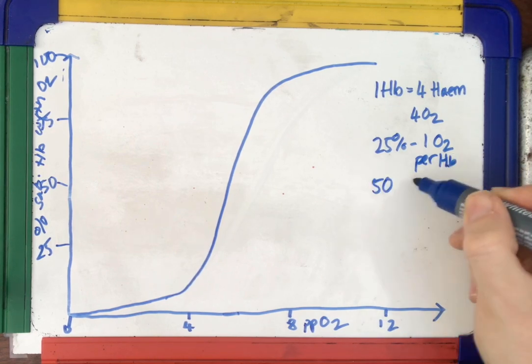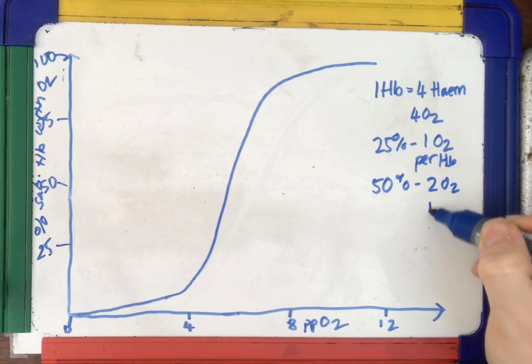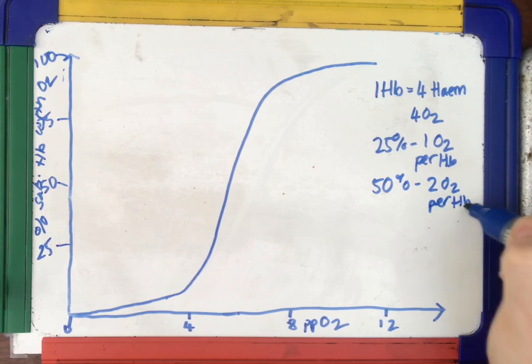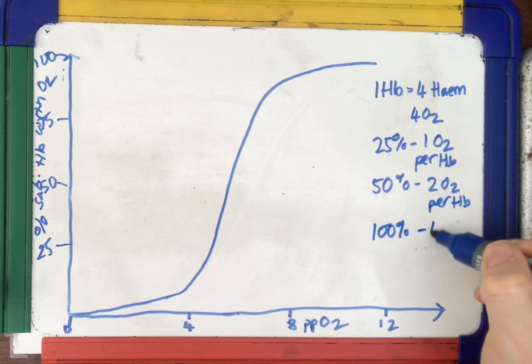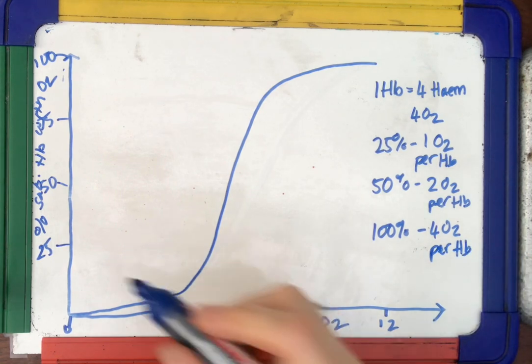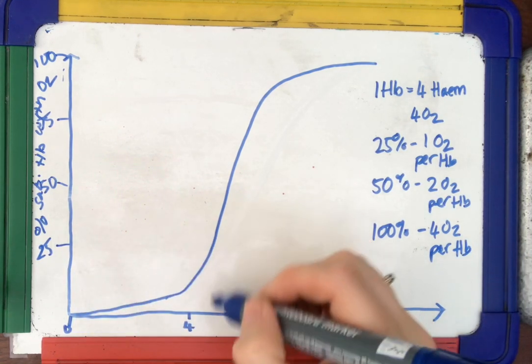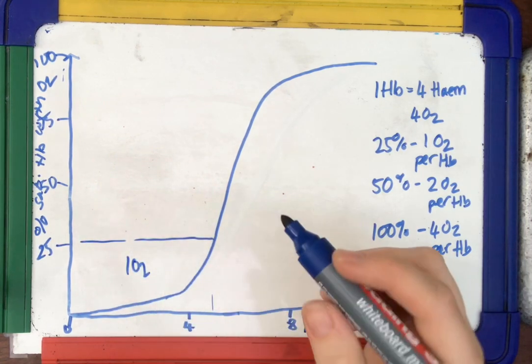At 50% we've got 2 oxygen molecules per hemoglobin, and at 100% saturated we've got 4 oxygen molecules per hemoglobin molecule.